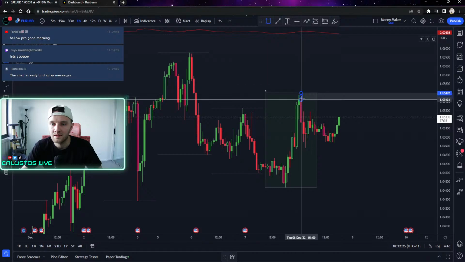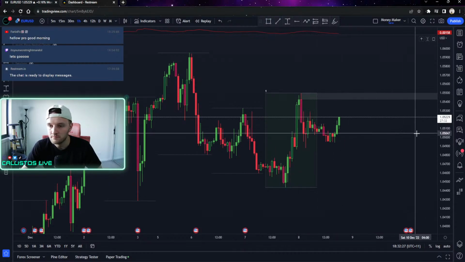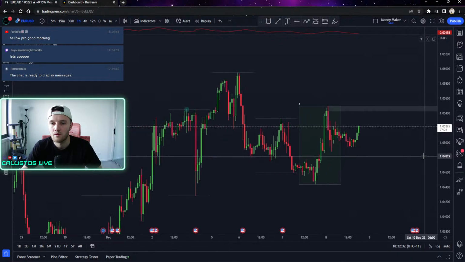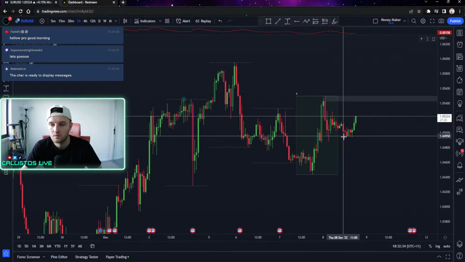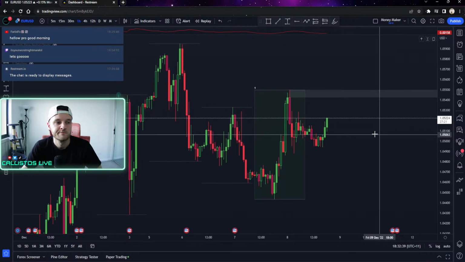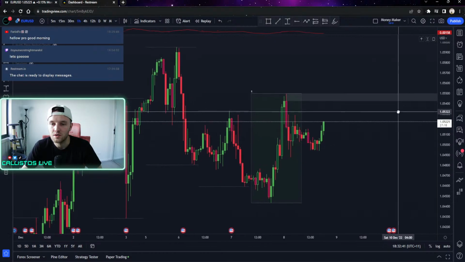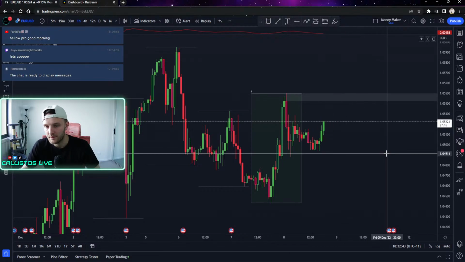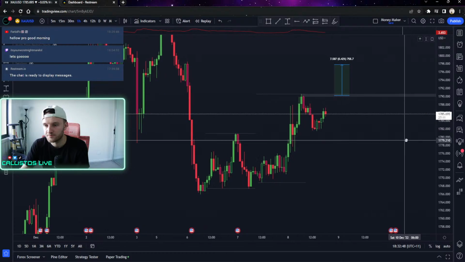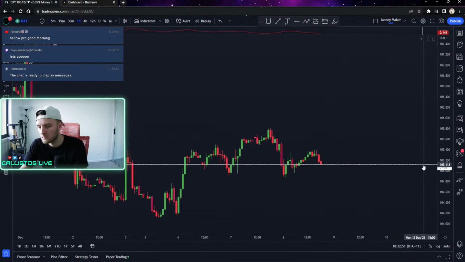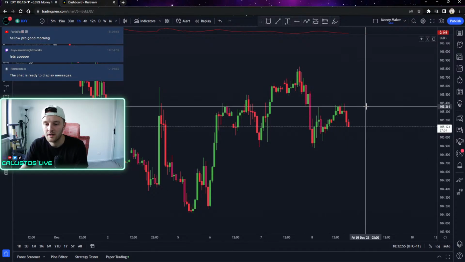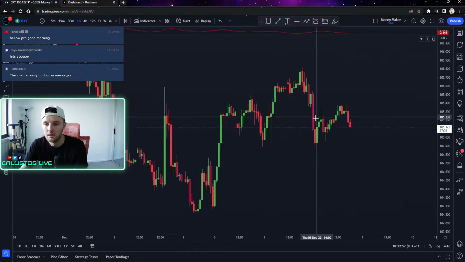So in terms of Euro USD, we're going to be looking for some entries, maybe above this level. We'll see what happens within the next 27 minutes. We can see that the dollar index is currently coming down.